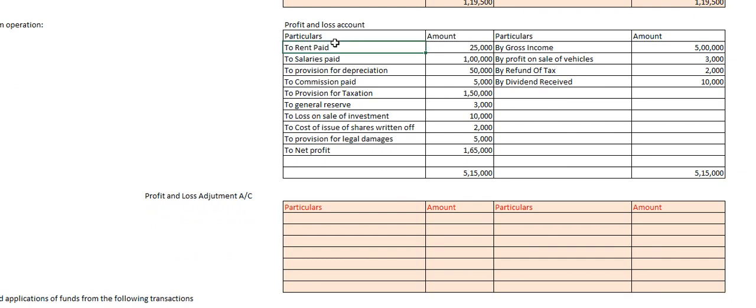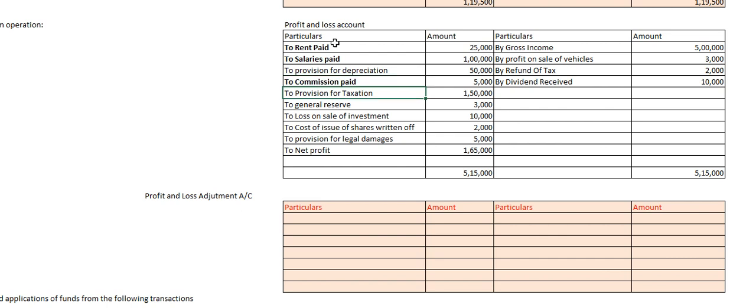So your rent paid is an operating activity, so it will not be considered. Your salaries paid is also a part of your operating activities, which is paid for your employees. To provision for depreciation is a non-operating expense. To commission paid is an operating expense.